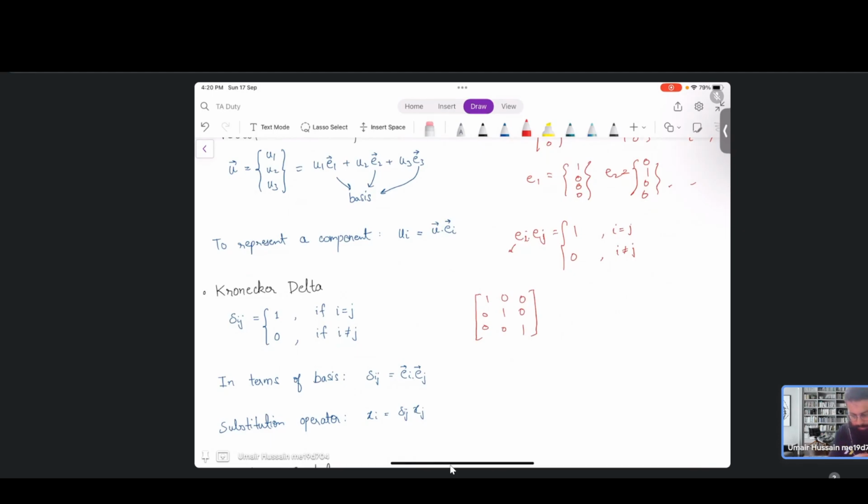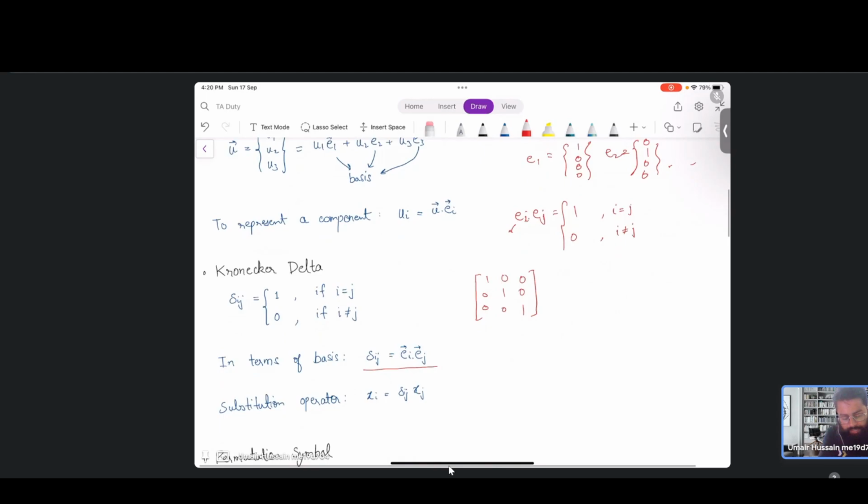As mentioned before, this should be the definition of Kronecker delta. And one interesting property of Kronecker delta is that it acts as a substitution operator. If we have any quantity with any indices, and we multiply it by the Kronecker delta, it substitutes the index.